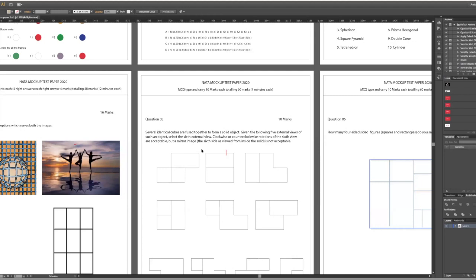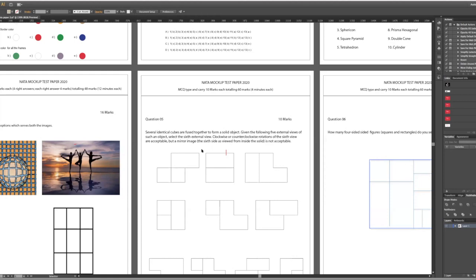Given the following 5 external views of such an object, means these are nothing but sides of that big object. Are you guys clear? Imagine a cube.